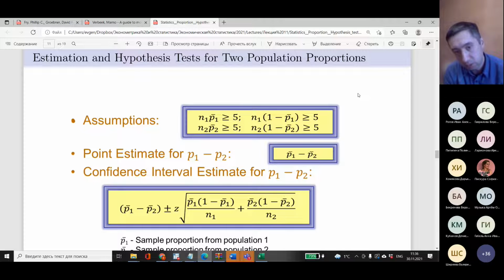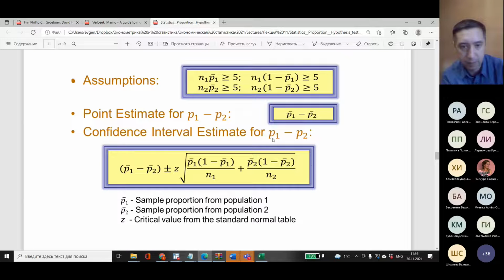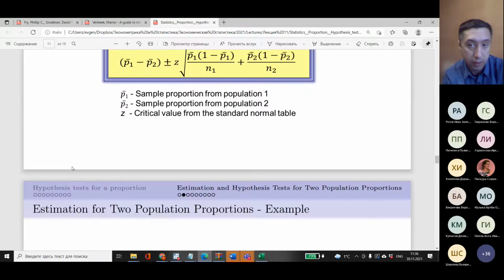The simplest way is to find their confidence interval. You can calculate it using this formula. And look, this formula, by the way, is easier than the formula for a continuous variable. Another way, for sure, is to run a test.